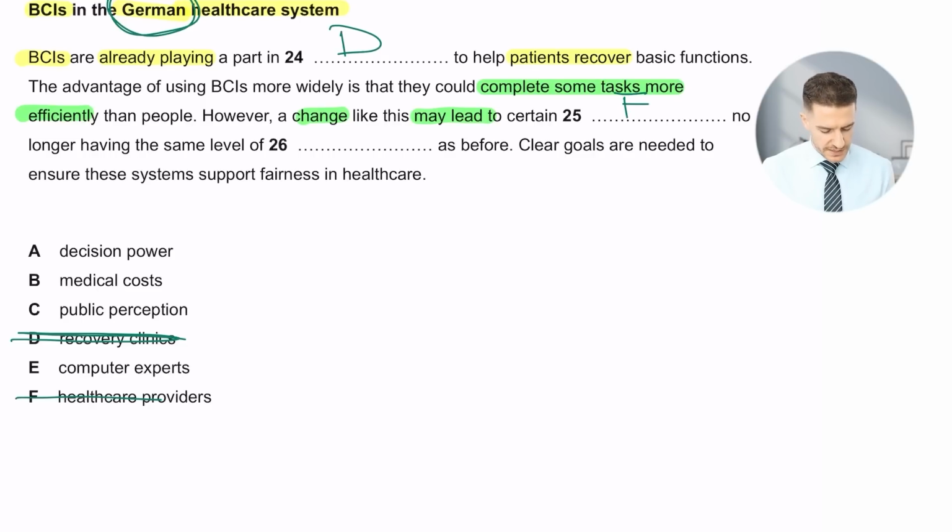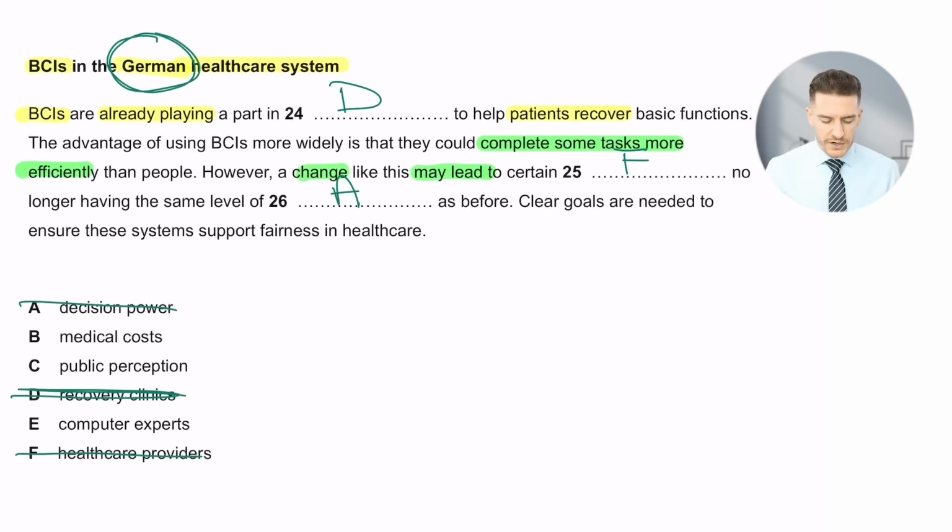F, cross that off. So healthcare providers no longer having the same level of, let's look at the first one, decision power. Yeah, that's what we talked about or thought of. So that looks good. Medical costs, no. Public perception, no. Computer experts, no. So the answer there would definitely be A, and we can cross that off.